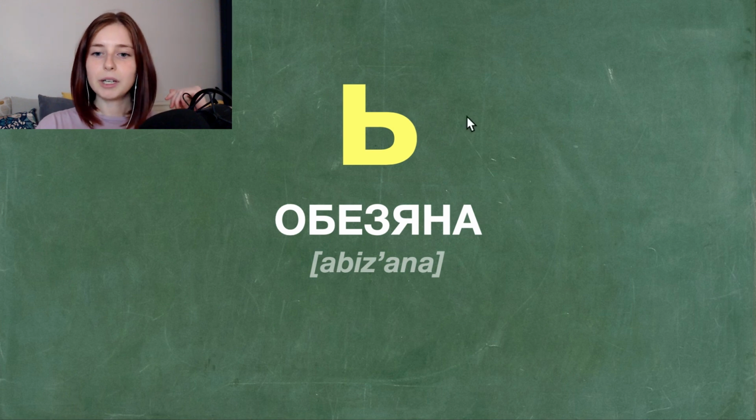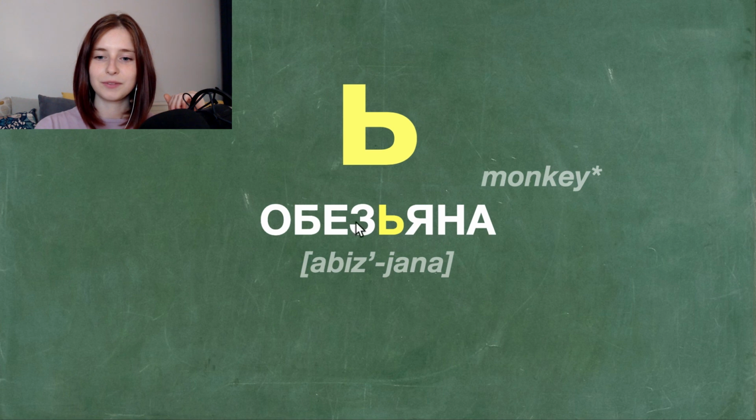Long word. Oh my god. So let's take a look at this. Обезьяна. Now our soft sign is in the middle of the word. If you remember, it was also like dividing the word in two, making it soft, of course, and dividing.